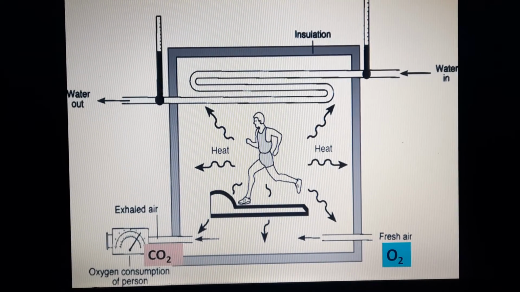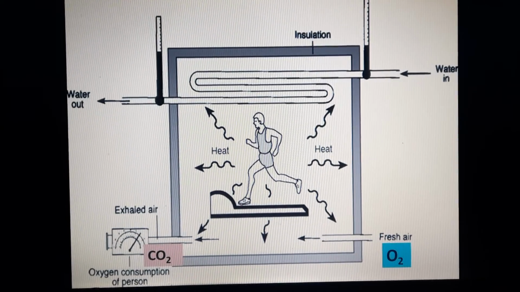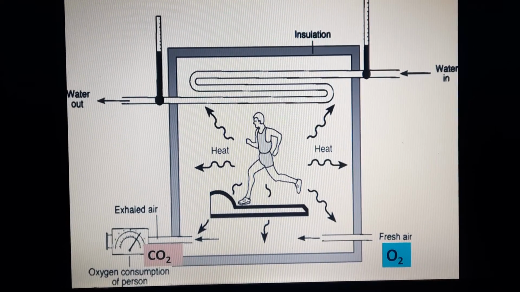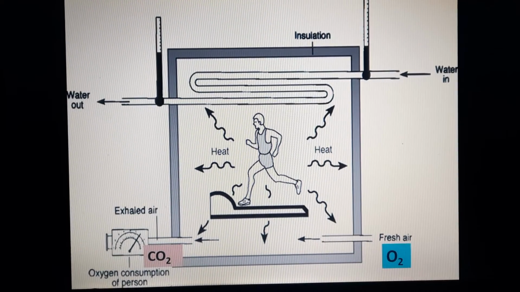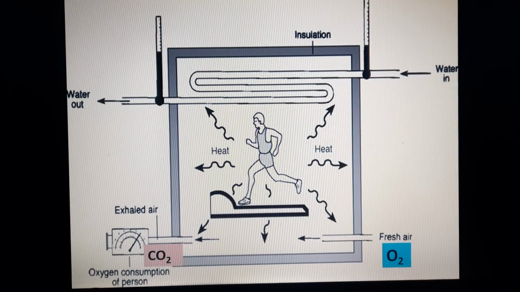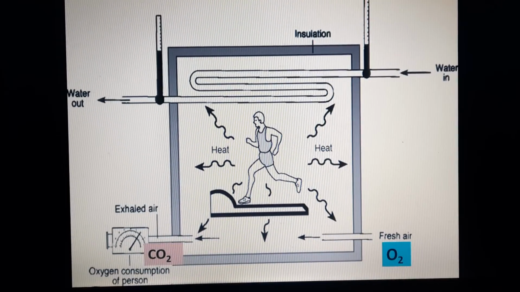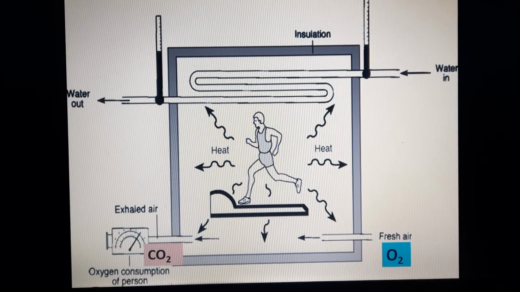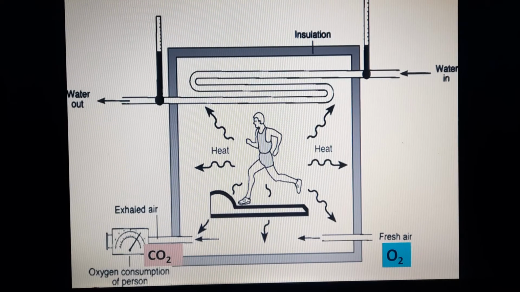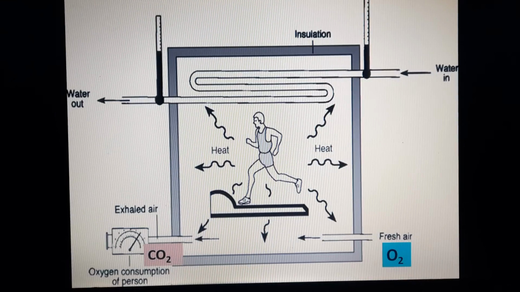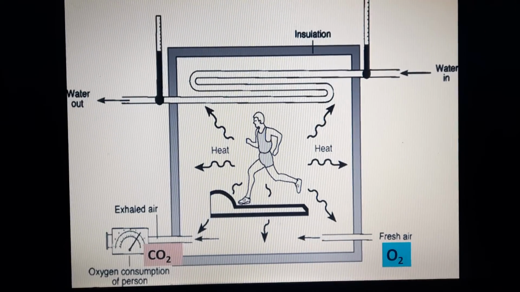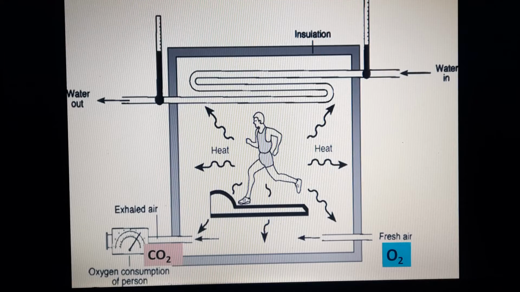Oxygen is provided to the chamber, and the exhaled carbon dioxide is measured by an instrument which measures the amount of carbon dioxide produced by the person. This direct measurement of the heat produced by the person, through the thermometers inserted into the water channels around it, will give the concept of the heat evolved when the person is doing exercise or utilizing his energy.